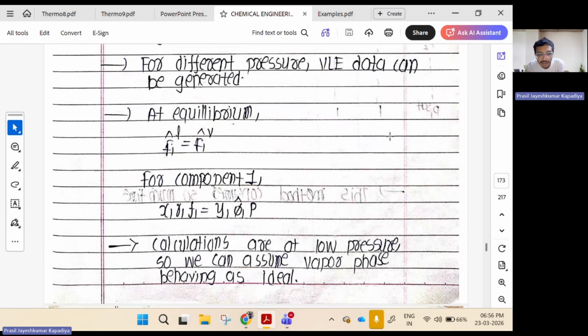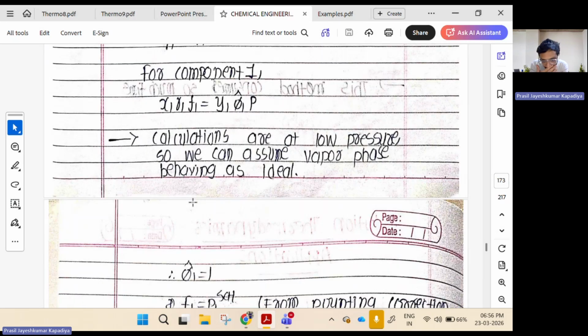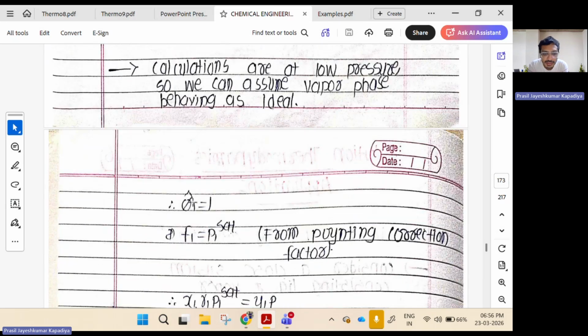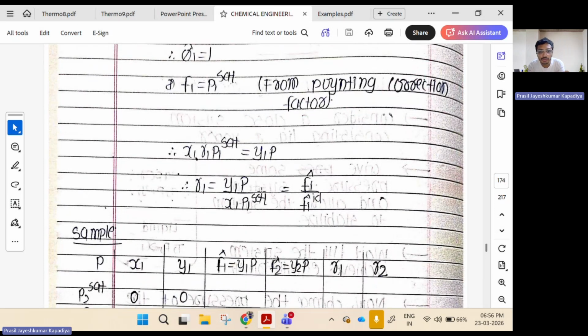And I know that xi gamma i fi is equal to yi phi i cap P. When I am dealing with low pressures, we can assume phi cap is equal to 1 and the Poynting correction factor is equal to 1, and fi I can replace with p1 sat. So I have gamma 1 is equal to y1 into P divided by x1 into p1 sat.